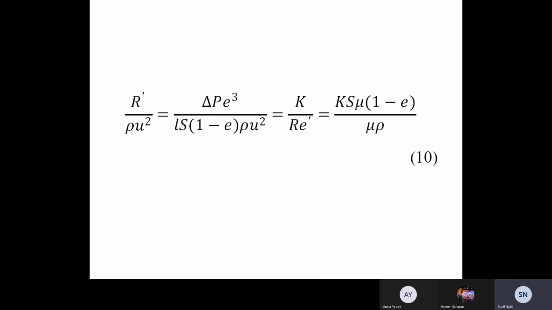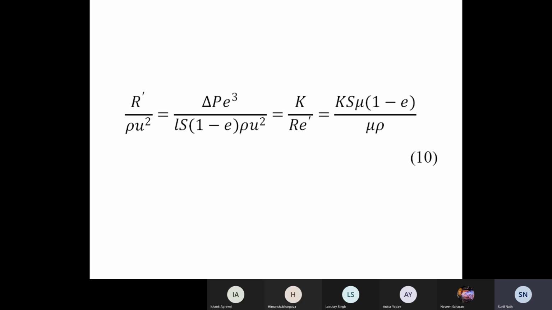But as I said, the curve is very general, not just for Re less than 1, but it also has the same three regions like we have been repeatedly presenting earlier. And if you remember, there was the intermediate and the turbulent flow region.